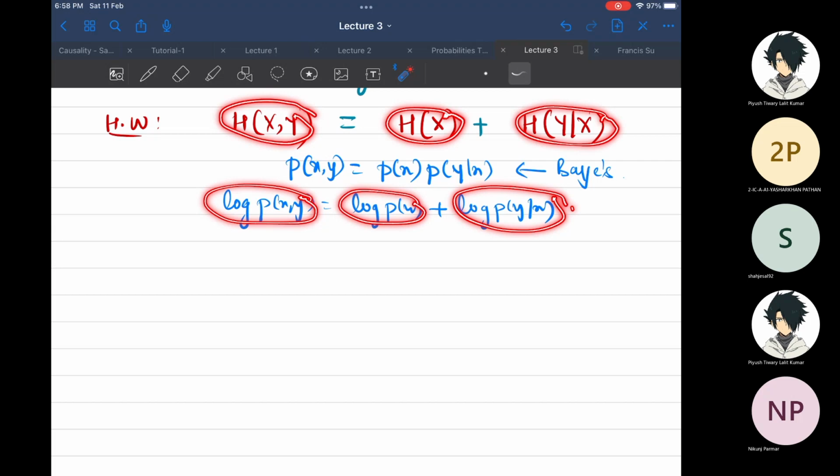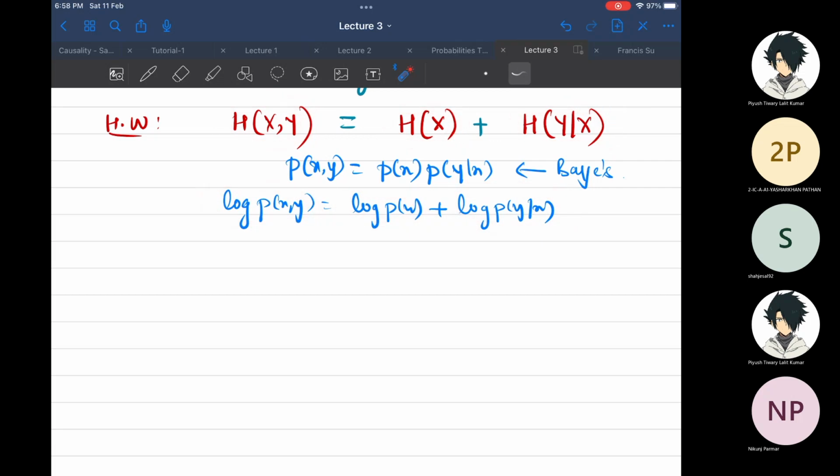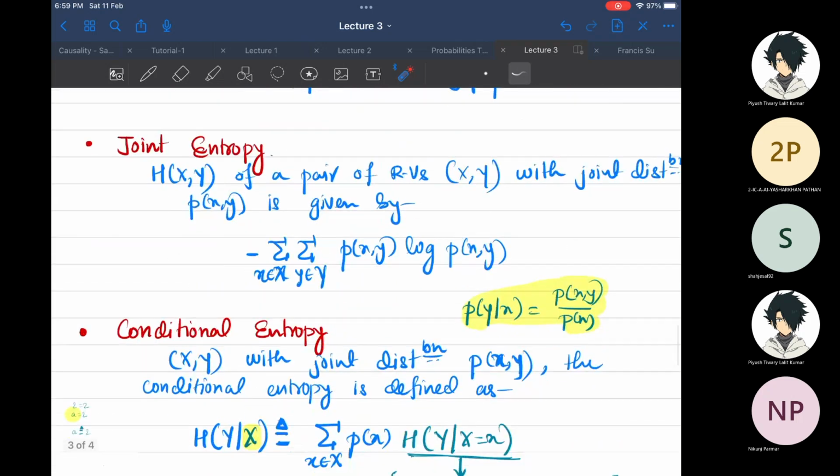So there is some sort of relation. My point is the following: entropy behaves like log of the probabilities. I mean, don't quote me on this, this is not completely true, but you will see at many places that the behavior of entropy is similar to that when you take log of the probabilities. It is just an observation, and why this happens is because the formula of entropy has a log term in it.